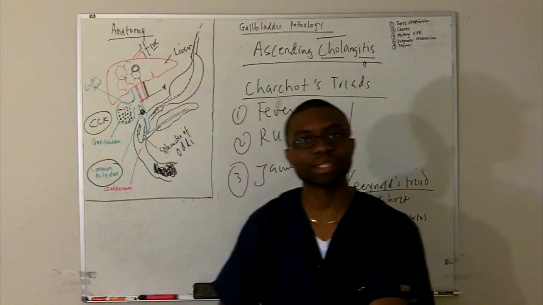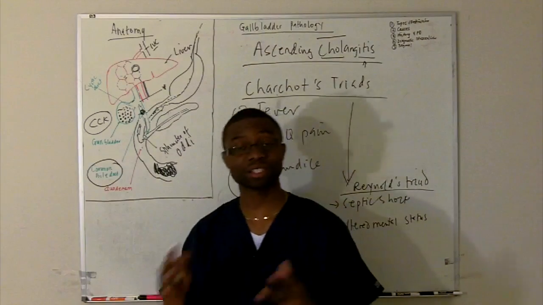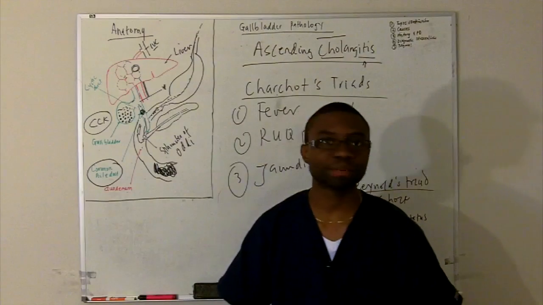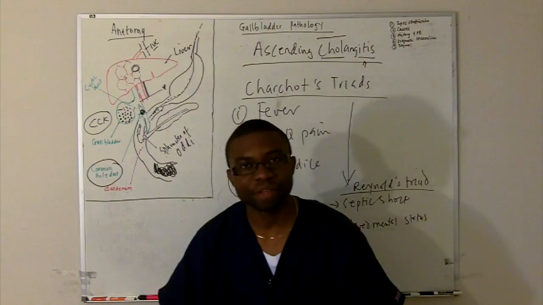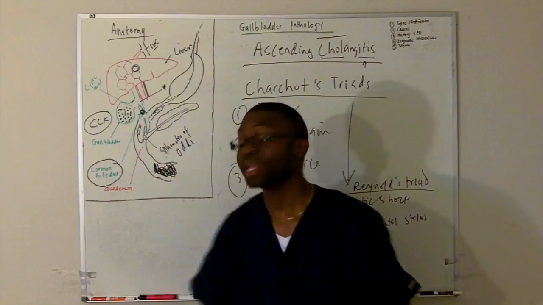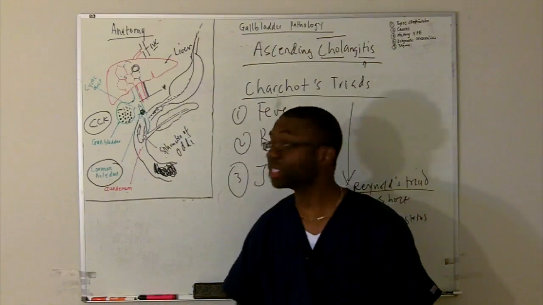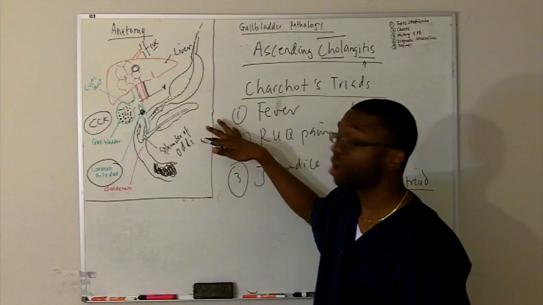You go into sepsis. Eventually, because we're going to actually talk about sepsis and septic shock, you go into septic shock, right? Systemic vasodilatation. All of a sudden you get altered mental status. Now that's called a Reynolds pentad, which is the extreme of a Charcot triad.